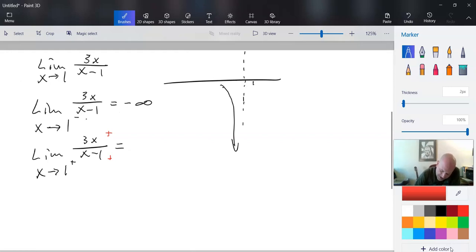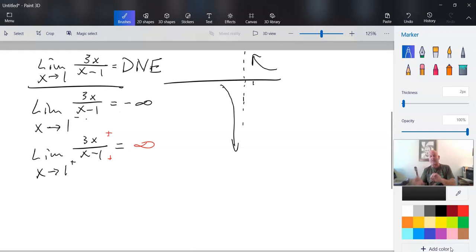So this thing is going to approach positive infinity, which means that the other side of this is going up in this case. So we have these things going to different infinities, which means that the overall limit does not exist.